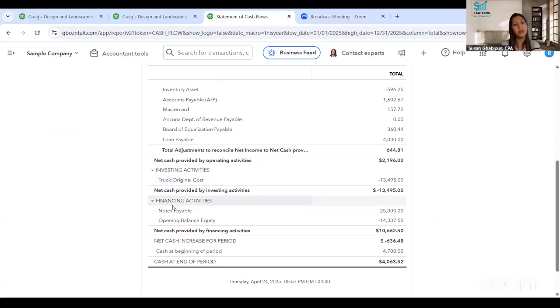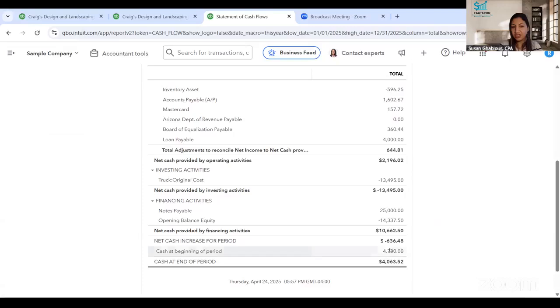Financing is more when you get financing for your business. So if you're getting a loan, or if you're adding capital, like if you had to put in more capital, if you had to pay yourself, so this goes here in the financing activities. So it all gets added up here, and at the very end, this would be the cash at the end of the period.